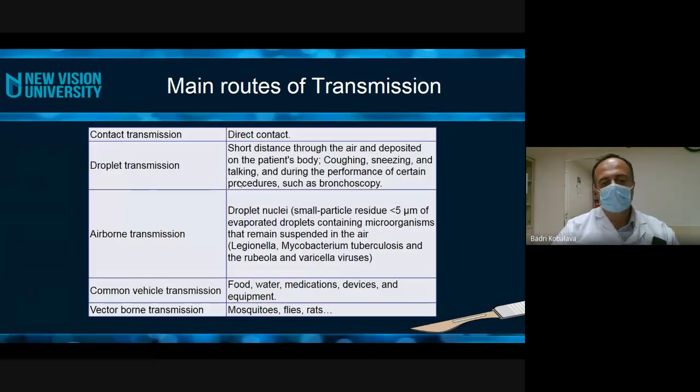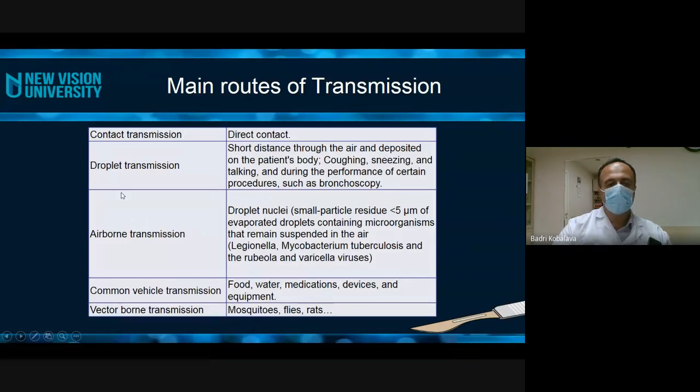Then droplet transmission during coughing, sneezing, talking, and such transmission needs a short distance, because these droplets go down and do not reach a long distance. But look at airborne transmission.